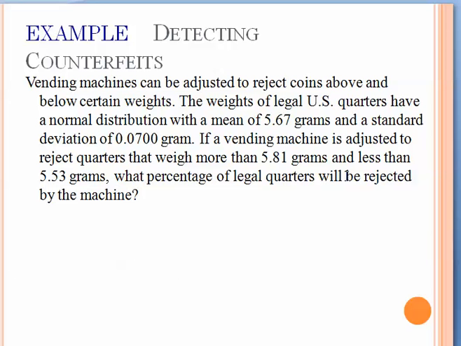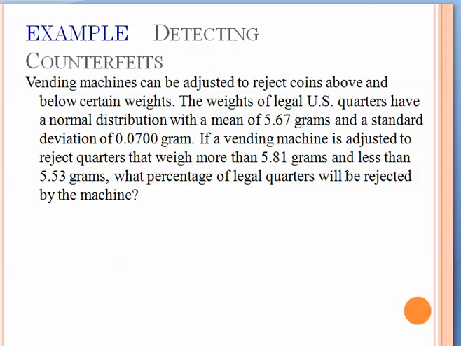Now let's look at an example where we can use this information to detect counterfeits. Vending machines can be adjusted to reject coins above and below certain weights. The weights of legal U.S. quarters have a normal distribution with a mean of 5.67 grams and a standard deviation of 0.07 grams.